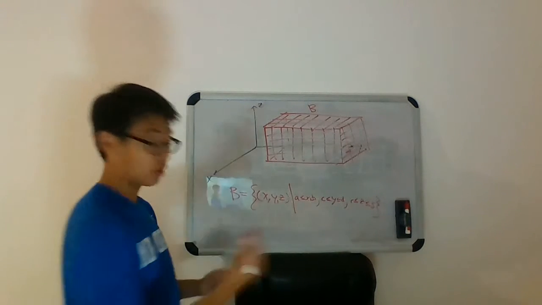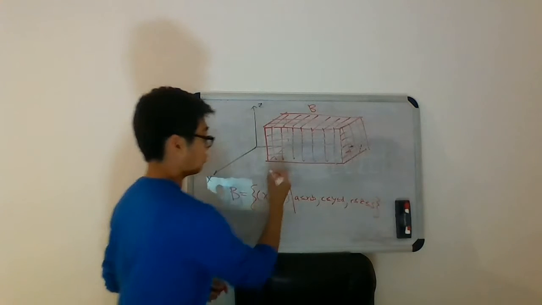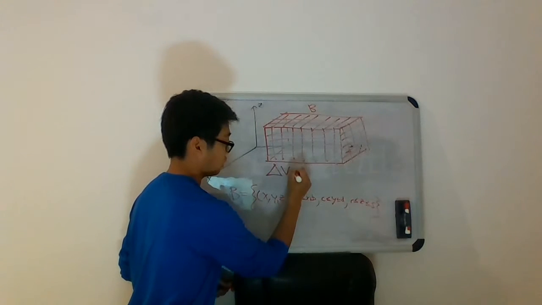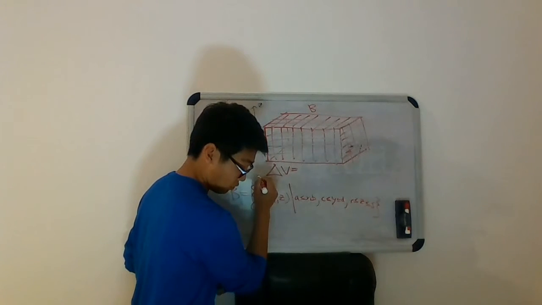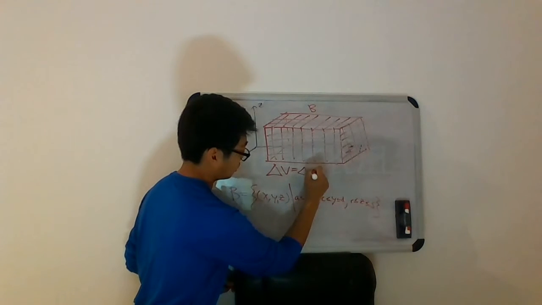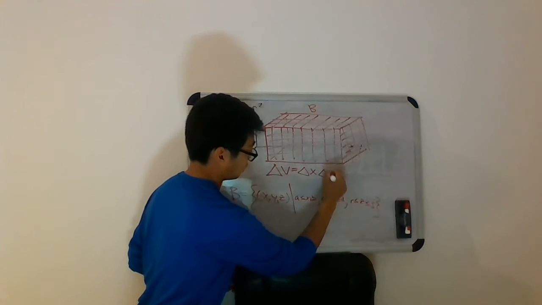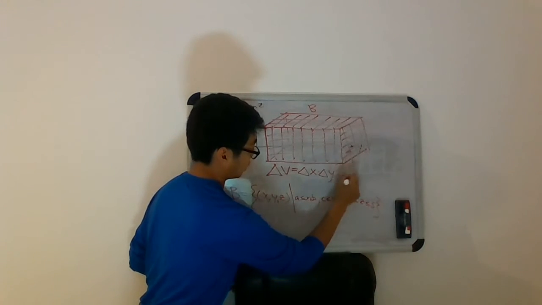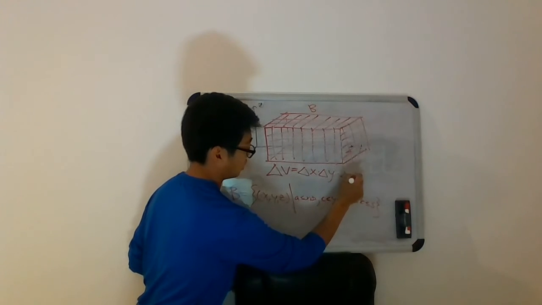So another way to write the volume is delta v equals the change in x, change in y, and times the change in z.